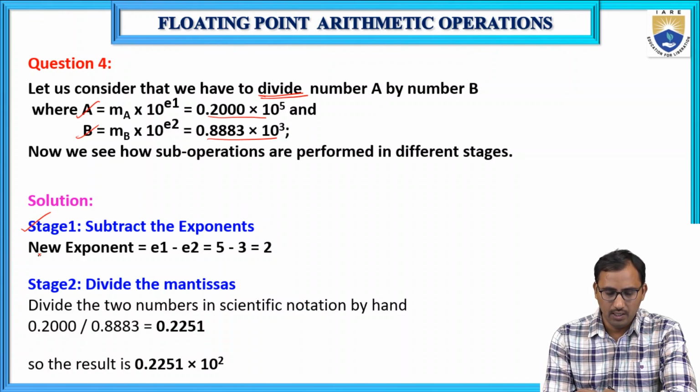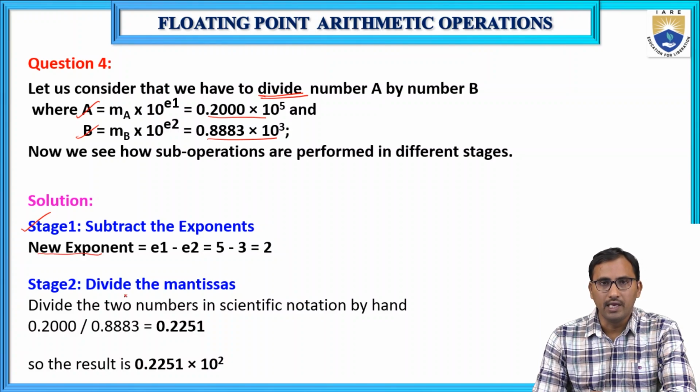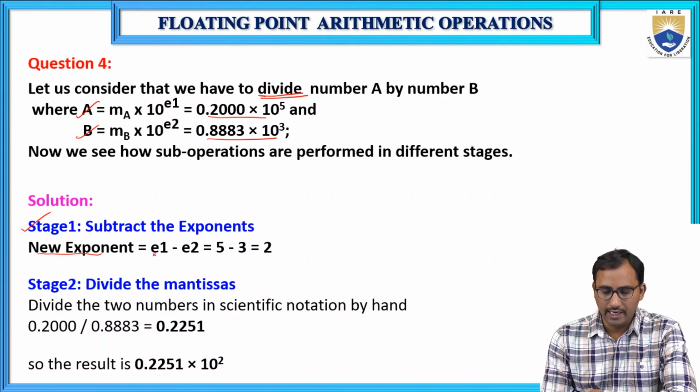So the new exponent will be equal to the first number exponent minus the second number exponent. The first number exponent is 5, the second is 3. So 5 minus 3 is equal to 2.